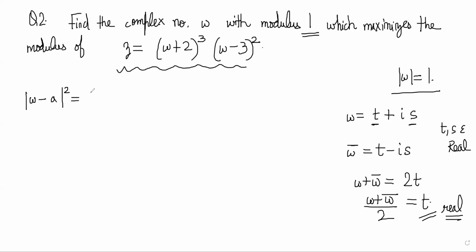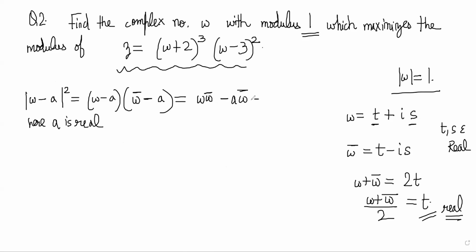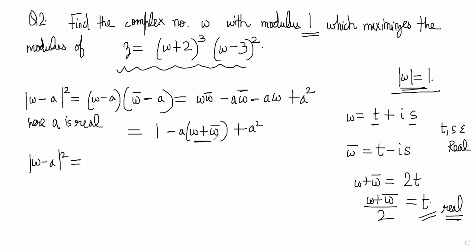By the properties of conjugate, this is w minus a times w conjugate minus a. Here a is a real number. So this calculation will become w w conjugate minus a w conjugate minus a w plus a square, right? And now w w conjugate is 1 because modulus of w is 1. So w w conjugate is mod w square, minus a times (w plus w conjugate), plus a square. So now mod of w minus a whole square is becoming, what is w plus w conjugate?